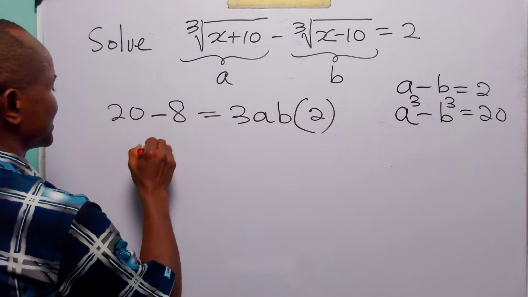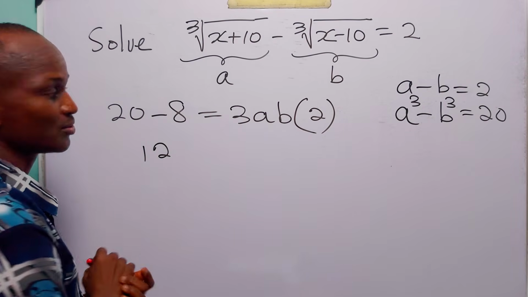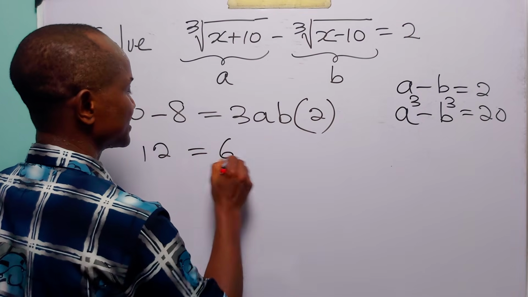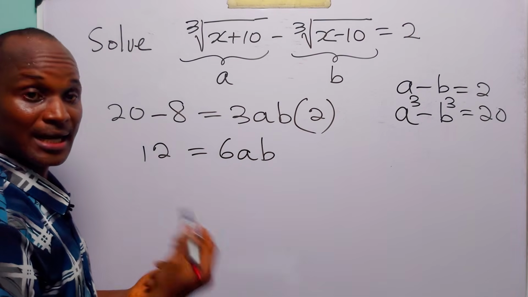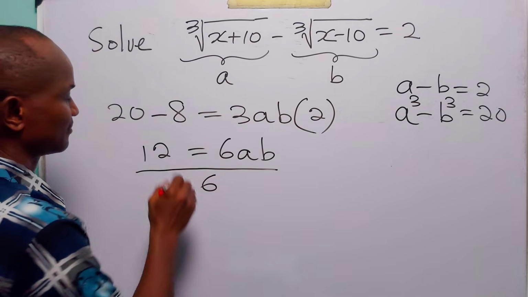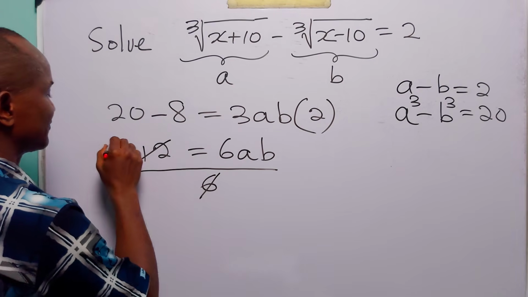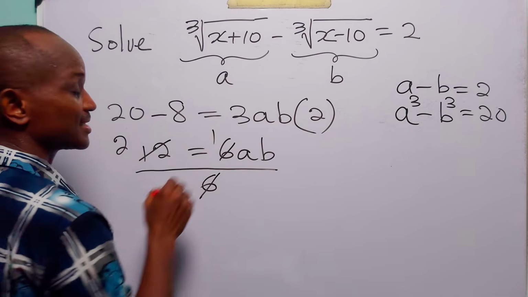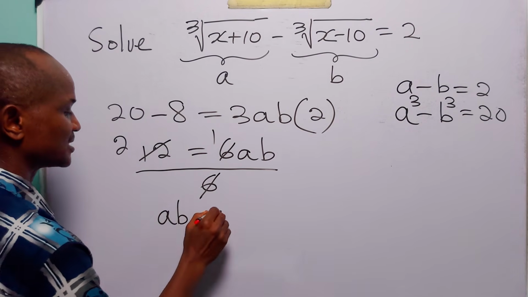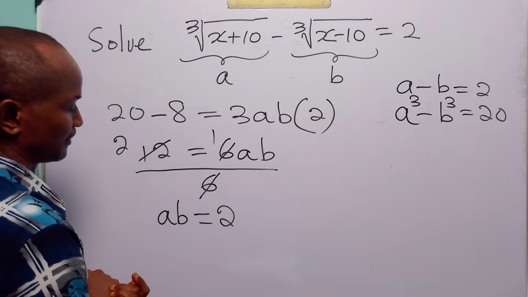Now 20 minus 8, of course, is equal to 12. And this is equal to 2 times 3 is 6ab. Now we can divide through this equation by 6. 12 gives us 2. This is 1. So ultimately we have that ab is equal to 2.